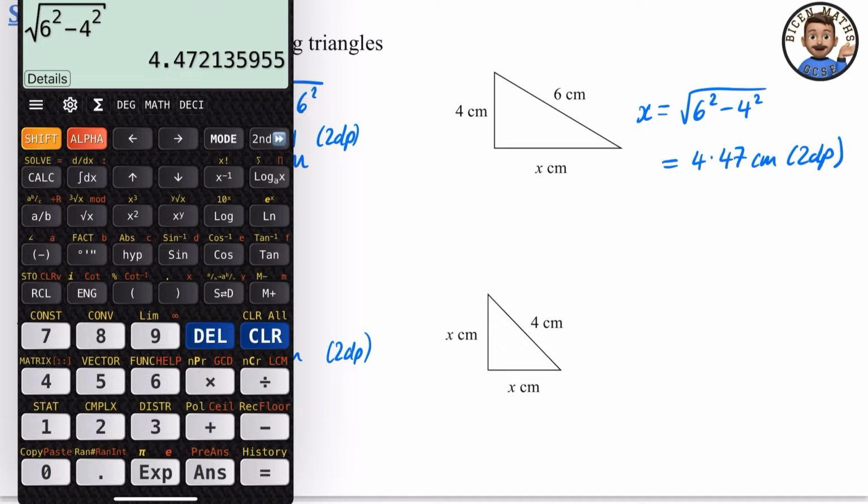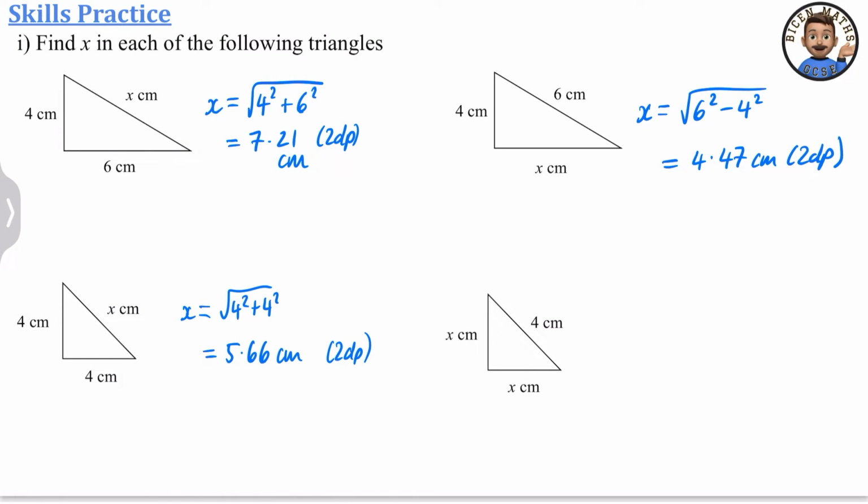This one's a little bit trickier because I've got a repeat. I'm going to have to use the full version of Pythagoras' theorem, which is a squared plus b squared equals c squared. So I need this squared plus this squared to get c squared, which is always the hypotenuse. That is x squared plus x squared equals 4 squared. x squared plus x squared is just 2x squared, and 4 squared is 16.